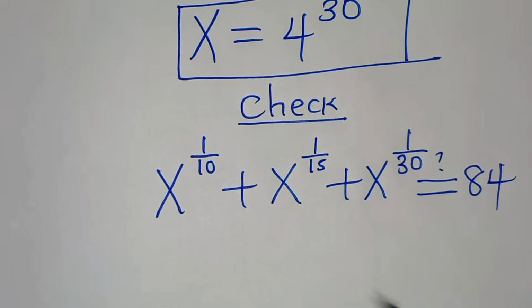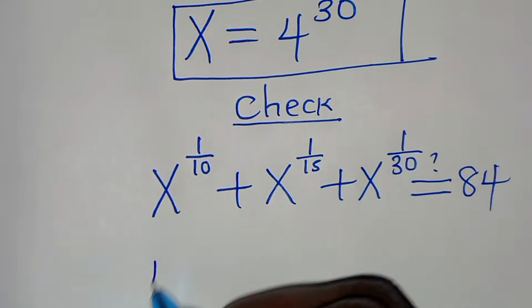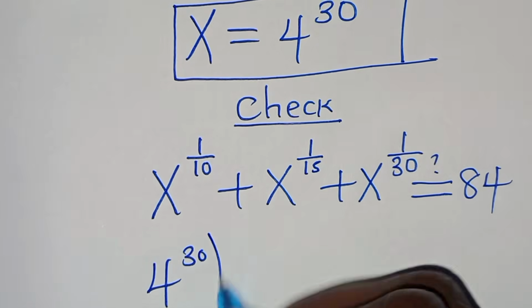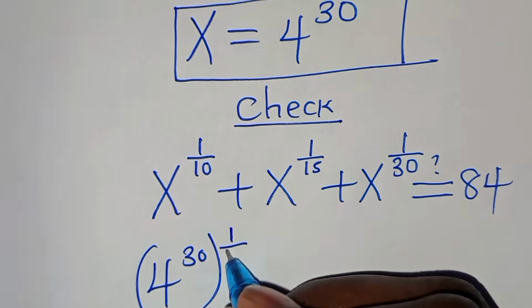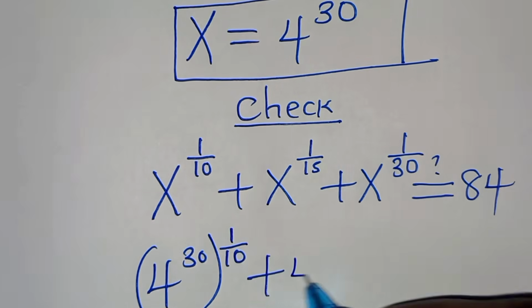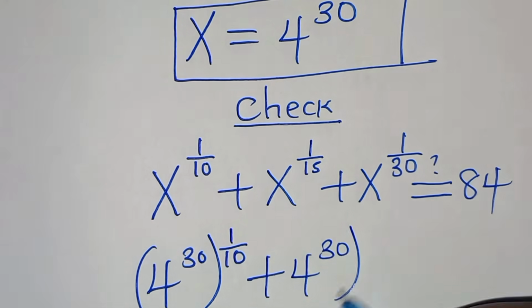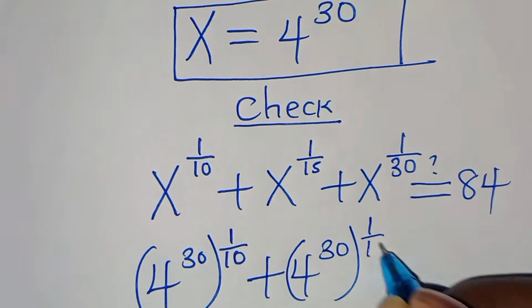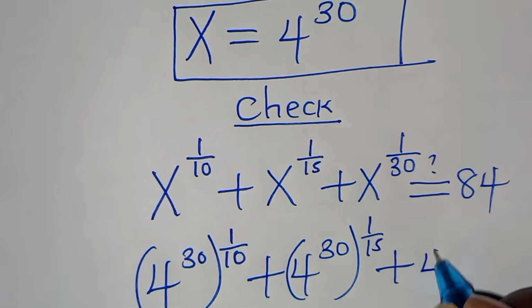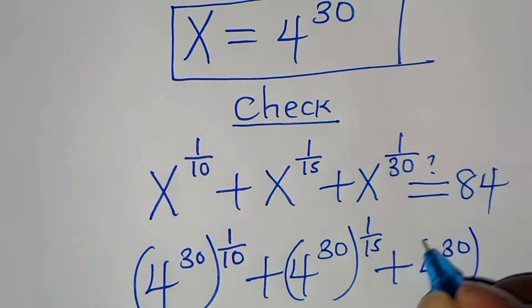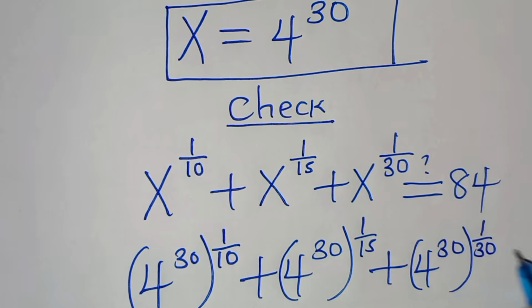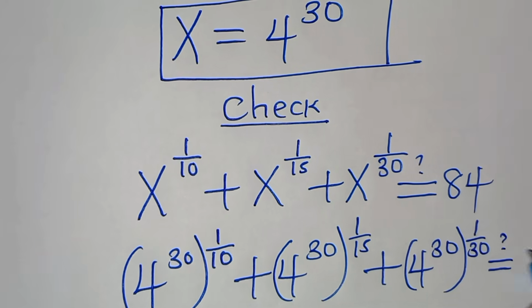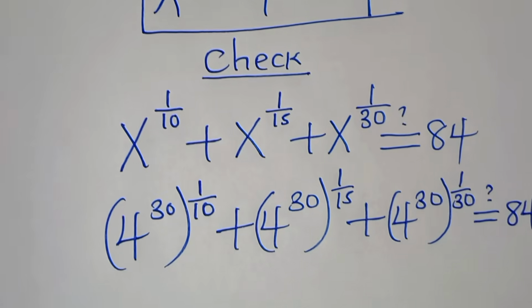Now let's substitute the value of x, which is 4 to the power of 30. So this is 4 to the power of 30 multiplied by 1 over 10 plus 4 raised to the power of 30 multiplied by 1 over 15 plus 4 raised to the power of 30 multiplied by 1 over 30. This is supposed to give us a value of 84.